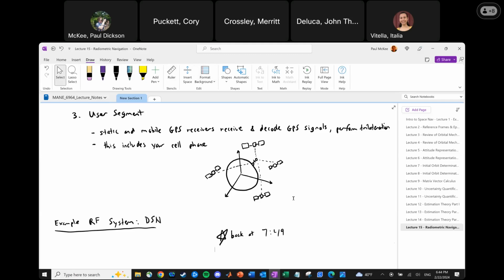You know what? That's a good question. I got to think about that for a little bit. So your phone knows what time it is from the internet. Would GPS work if the internet wasn't there? Well, you'd start to get some errors propagating. I'm not exactly sure is the short answer to that question. I do know that clock accuracy, and we're going to talk a lot about it in the next lecture or two, clock bias.